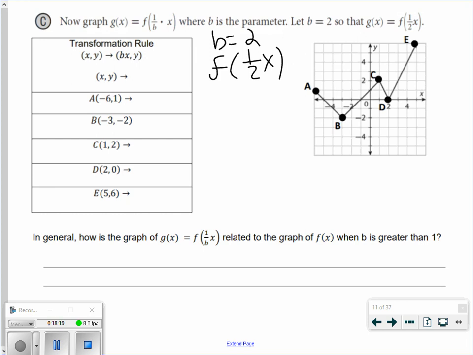So if f of 1/2 x, you flip that 1/2, the term you're multiplying x with, to give you 2. It's one of those weird things you kind of just have to memorize. Accept it for what it is. Take that term you're multiplying x with, flip it, that gives you your b term. So our b is 2. That means we're going to multiply our x by 2.